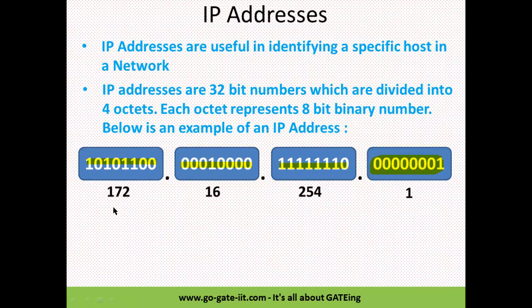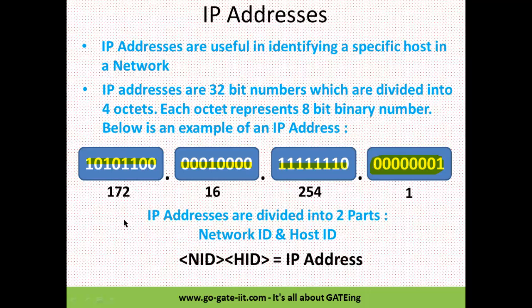And for human readability, we can convert these binary numbers into their specific decimal notation. So in all, we can make out that 172.16.254.1 is an IP address. An IP address uniquely identifies a computer in any network. This is a unique label or a unique name given to any system in a network.